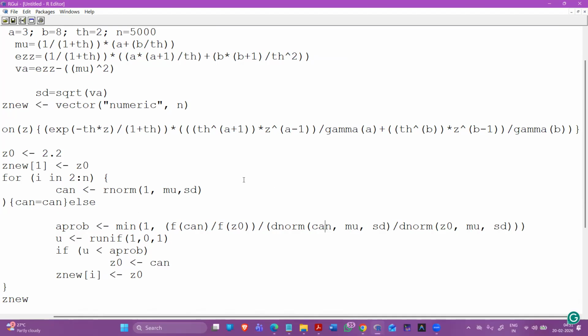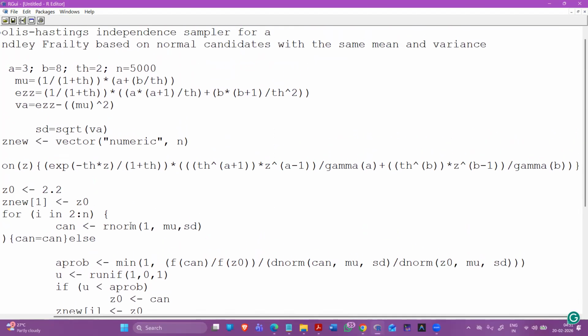Basically, you generated a random candidate from the normal distribution with mean mu and standard deviation. That mean and standard deviation you need to provide from your side. Okay.